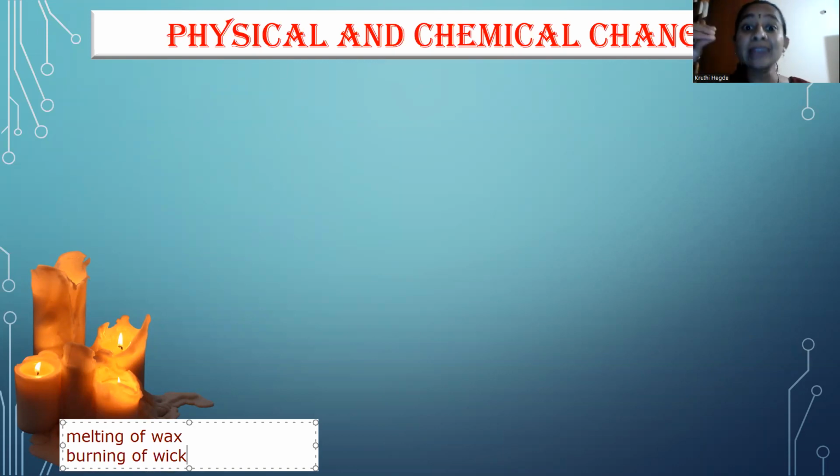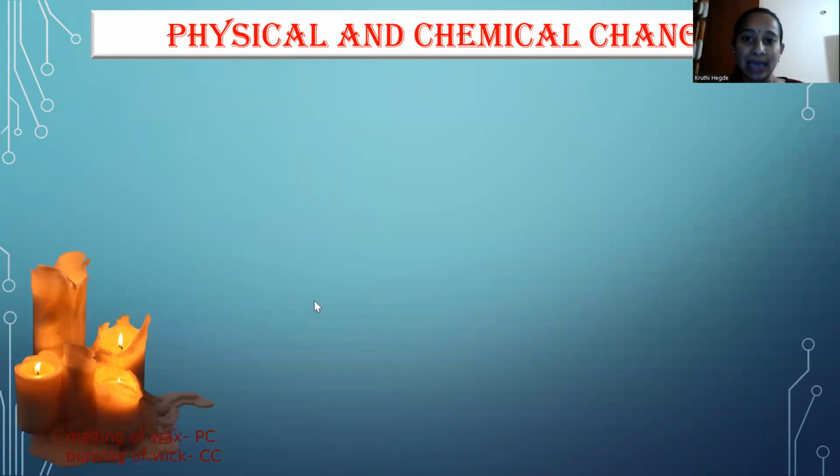The melted wax, if you keep it as such for some time, will solidify again. So melting of wax is a physical change, whereas burning of the wick is a chemical change because it produces carbon dioxide and other gases. So burning of a candle involves both physical and chemical change.